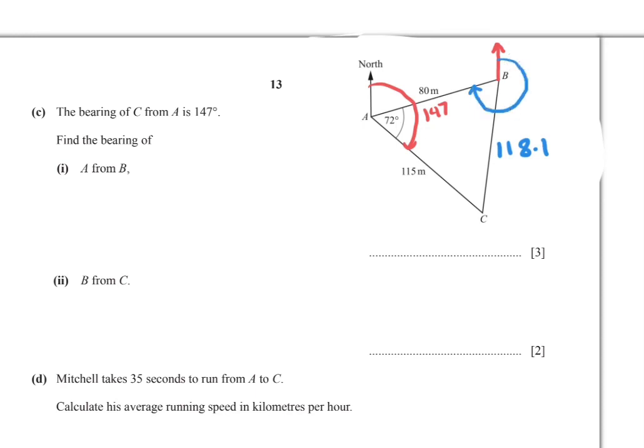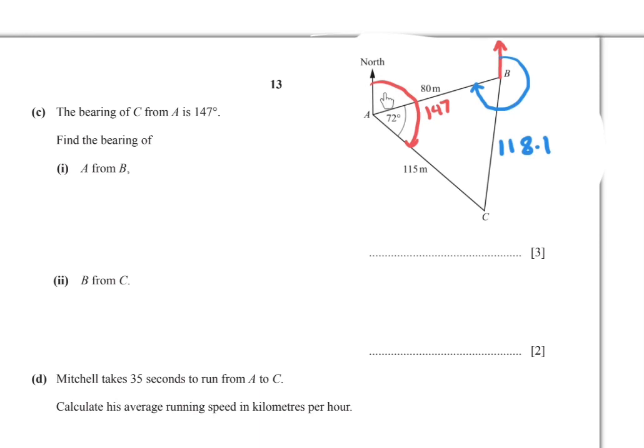To find this one, you need to find this angle. Now 147 minus 72, you can find that one. So this angle is 75, because 147 minus 72 is 75.